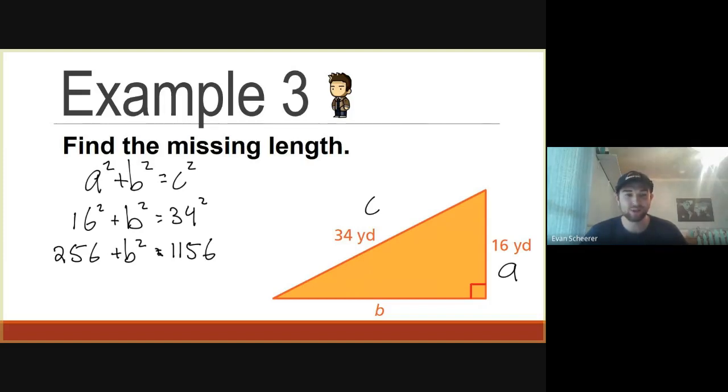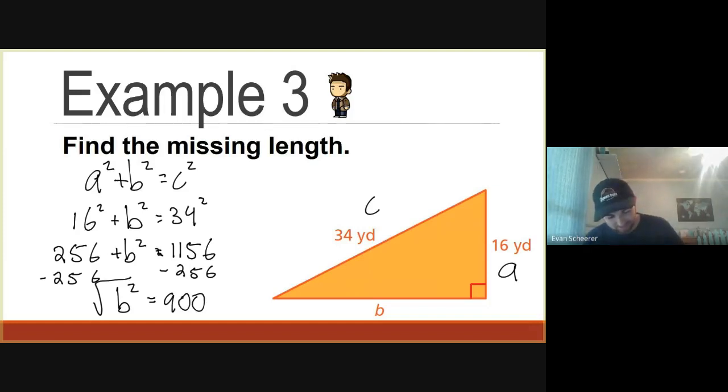It's the same thing as solving for B. So what we're going to do, we're going to subtract 256 from both sides, and that means B squared equals, well, if we subtract 256, notice the 56s cancel out, so 11 minus 2 is 9, so we're at 900. Well, that's pretty easy, because you can now take the square root of both sides.